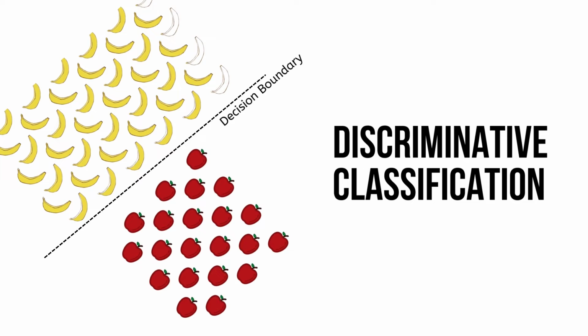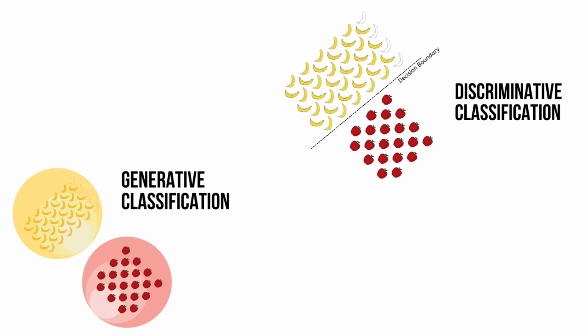In contrast, the second alien's method represents discriminative classification. This model learns to distinguish between classes based on their features. Instead of learning what an apple or banana looks like, it learns the differences between them. It then uses these differences to decide what a new fruit might be. Each approach has its own strengths and weaknesses, and they're used in different scenarios.